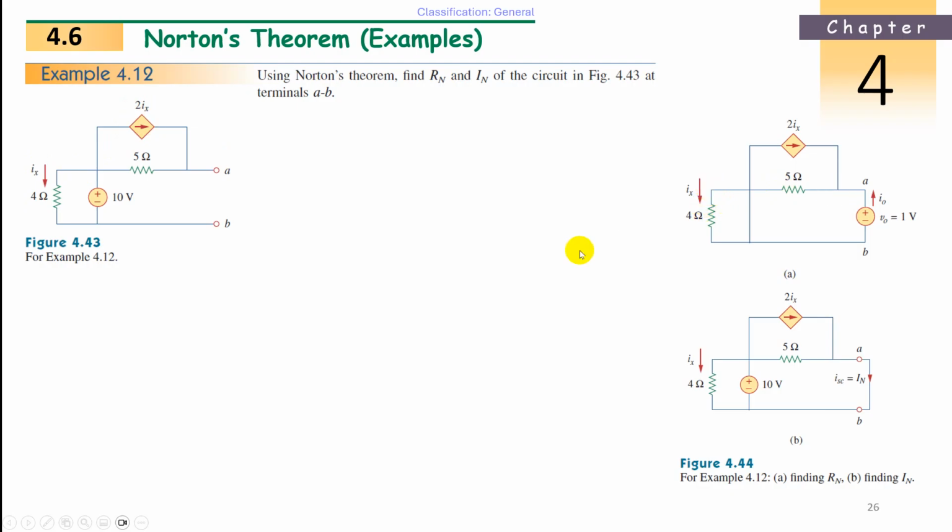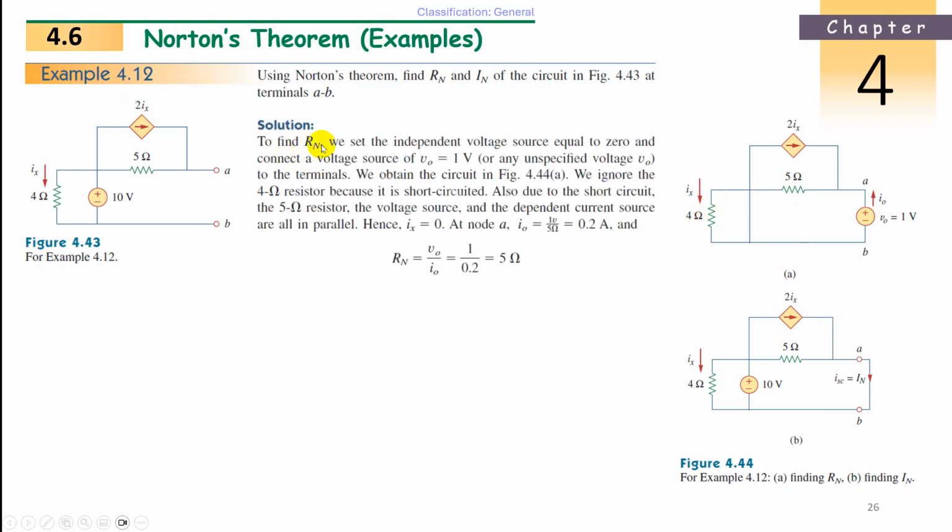To find the RN, we set the independent voltage source equal to 0, that is, short circuit, and connect a voltage source of V0 across terminals A and B. We can give 1 volt, 2 volt, or any unspecified voltage V0. 1 volt is optimal. We obtain the circuit as shown in the figure.